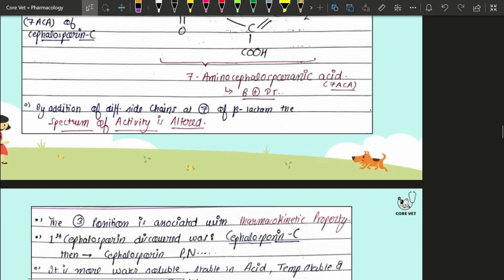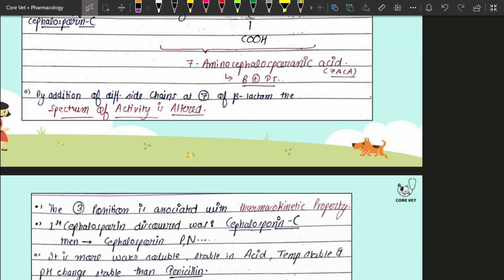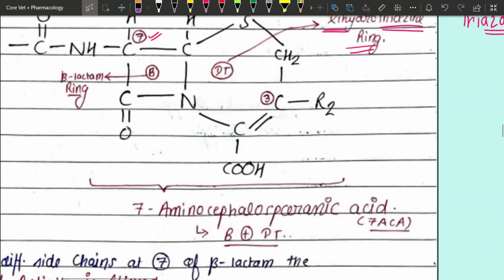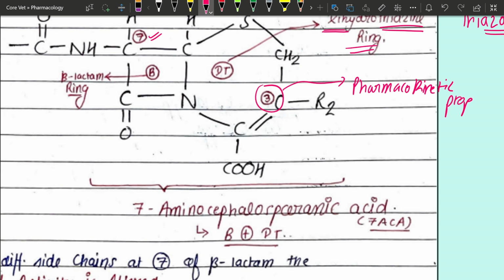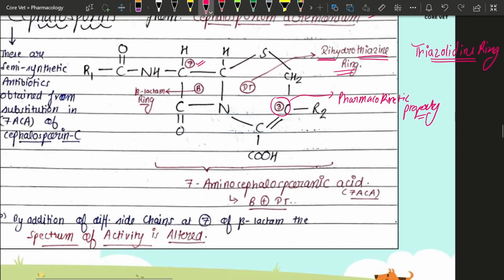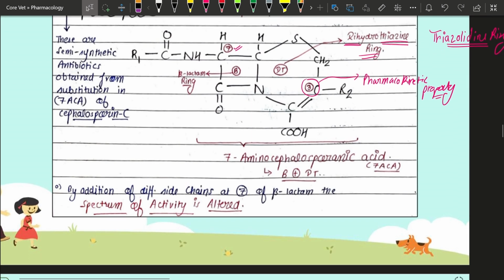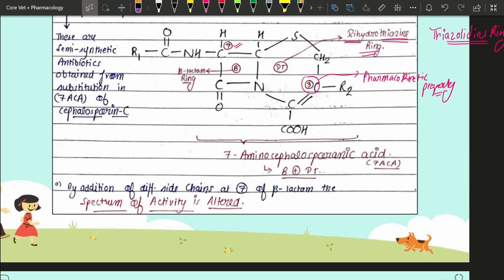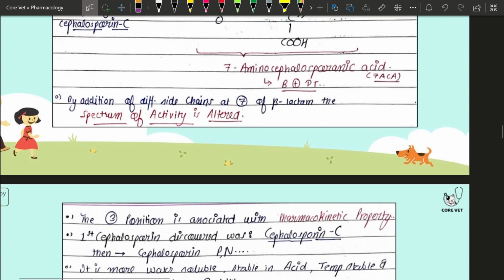And the third position is also important, as it is associated with the pharmacokinetic properties of the cephalosporin drug, because the third position in the dihydrothiazine ring is related to the pharmacokinetic properties. You have to remember which position is associated with what purpose, because they may ask.